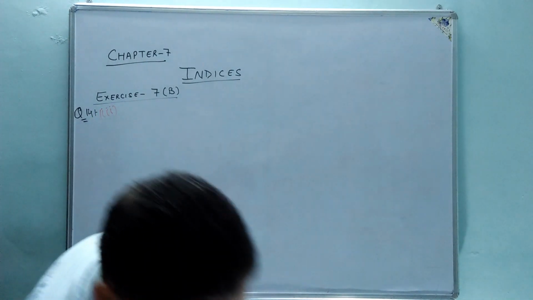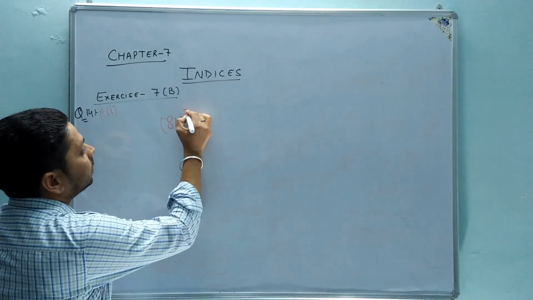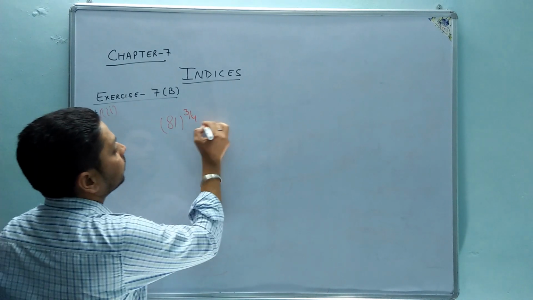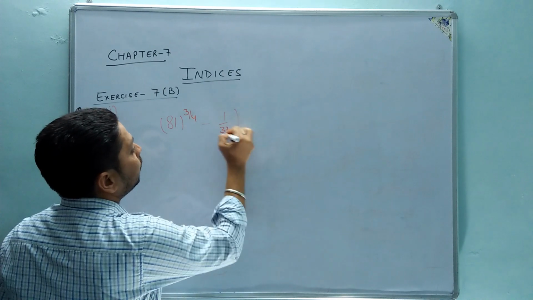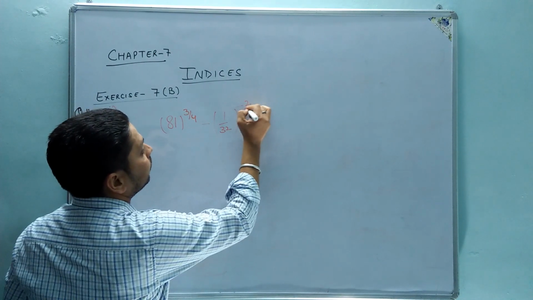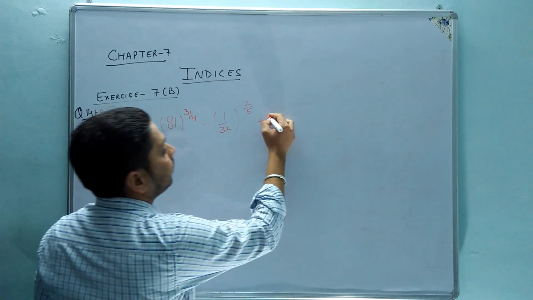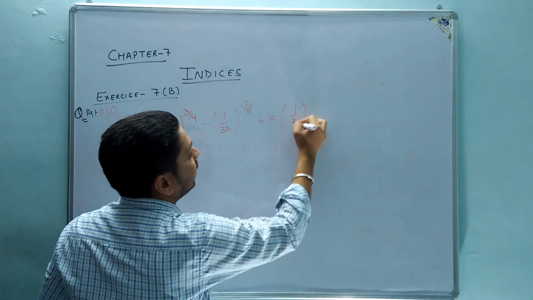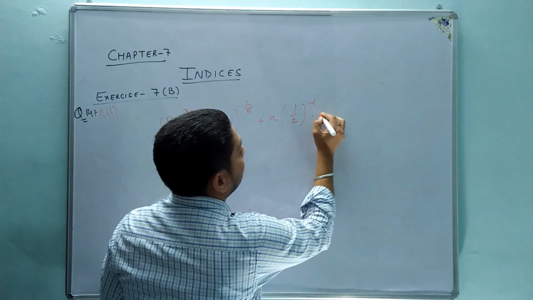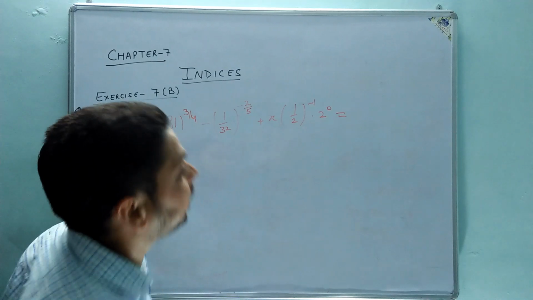Next is the 14th third part. 81 raised to power 3 by 4 minus 1 over 32 raised to power minus 2 over 5 plus x, into 1 over 2 raised to power minus 1, into 2 raised to power 0, is equal to 27.